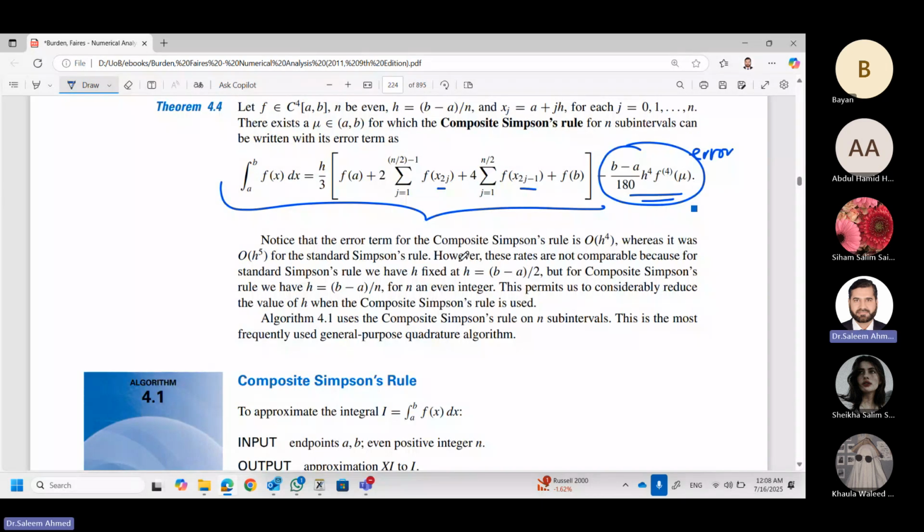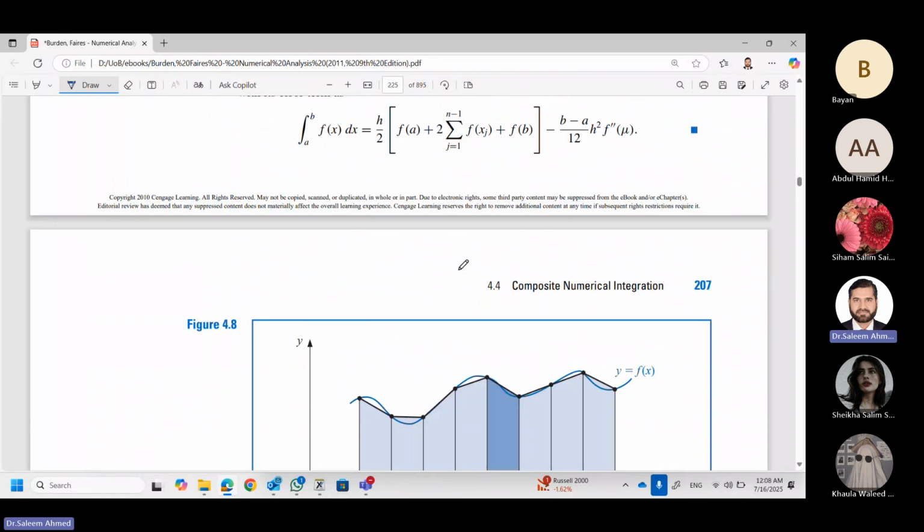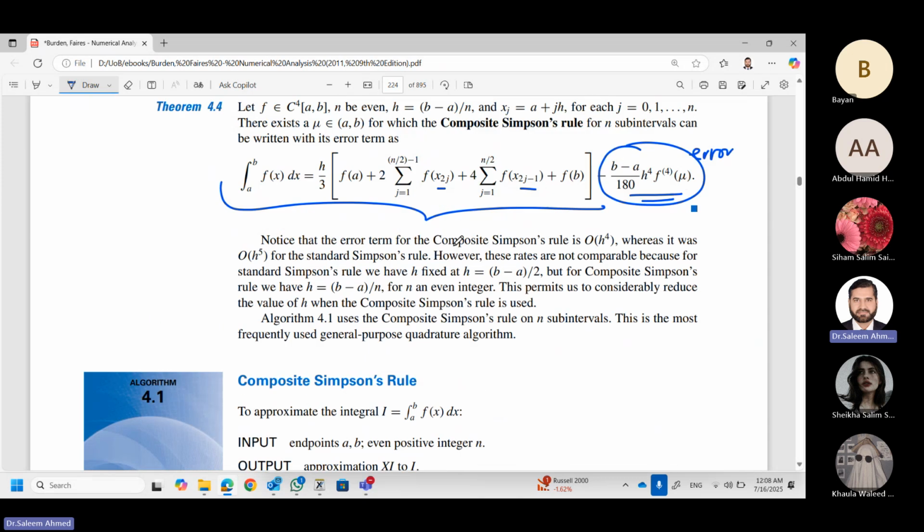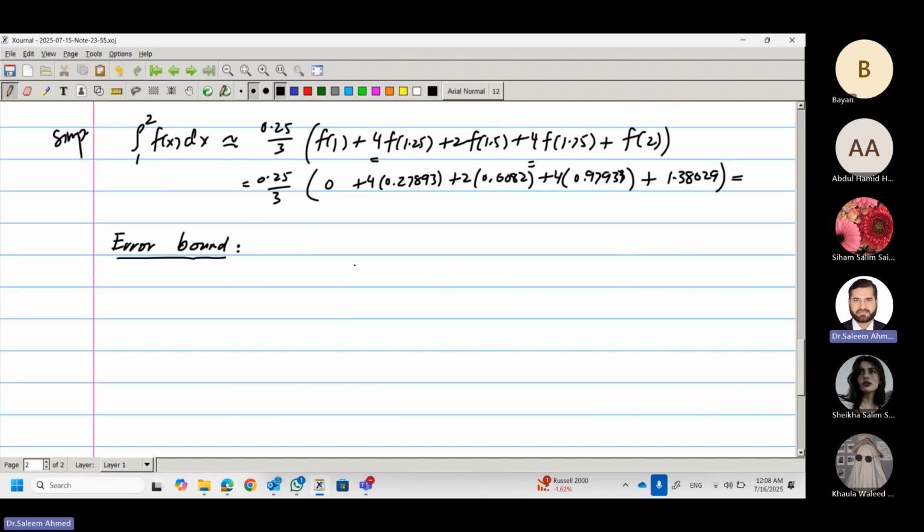Mu is the maximum value of your fourth derivative. Right? Basically, maximum.